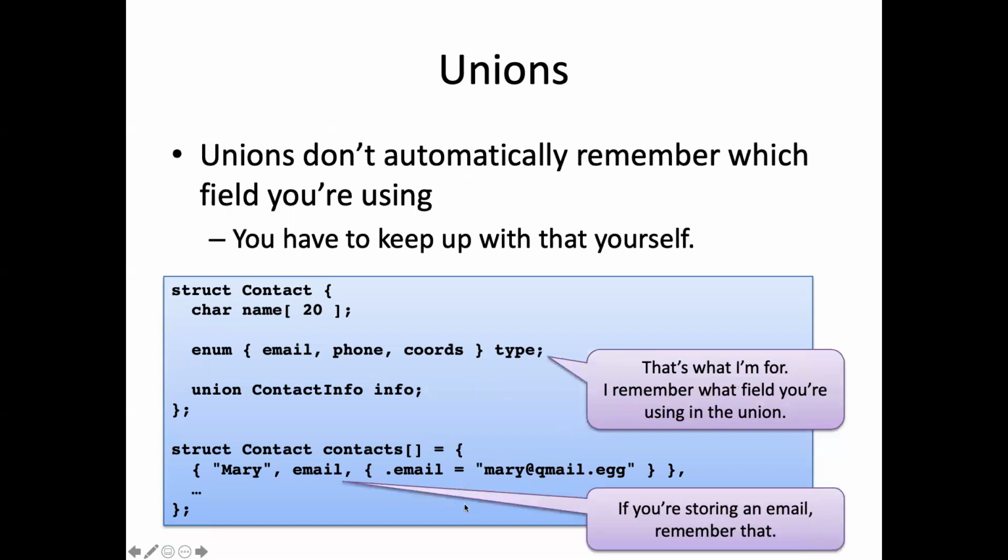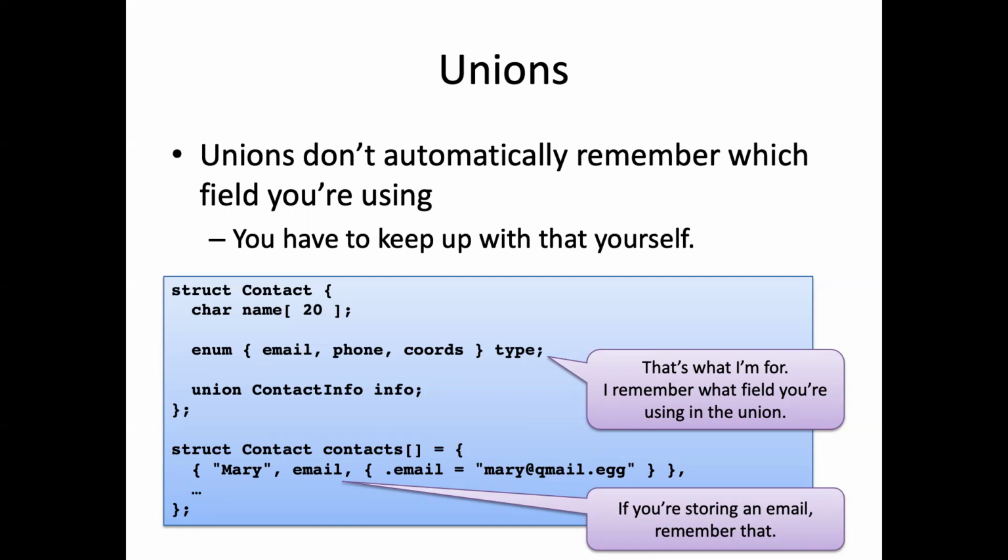I think this next slide is just saying what I already said. That middle field, the type field, that's just something I added so that with each instance of contact, I can remember what part of the contact info I'm using. The compiler doesn't do that for me. It's up to me, the programmer, to remember which part of the union I'm using.